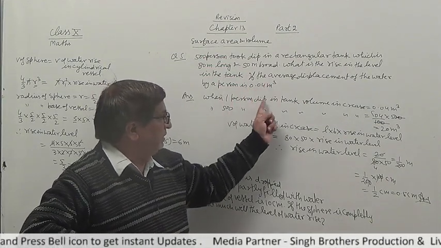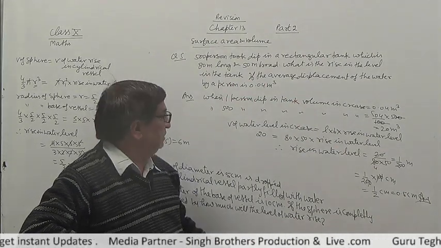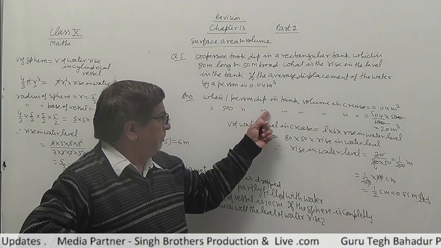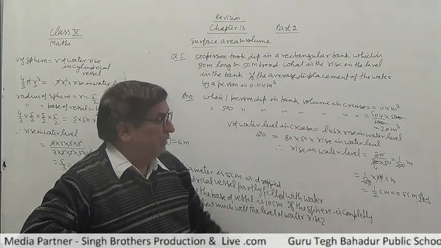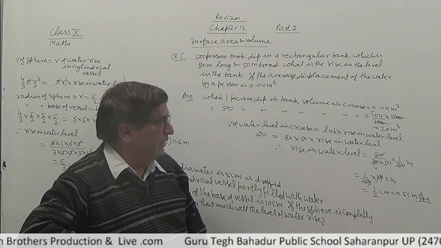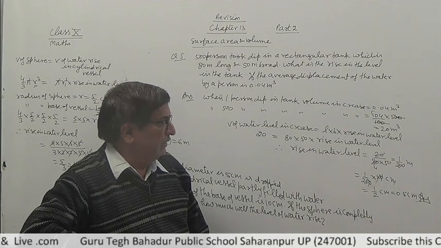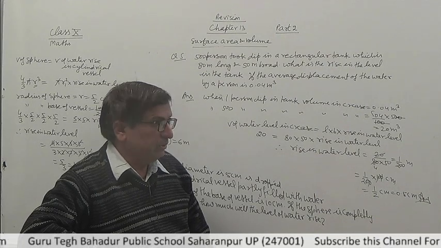So 500 people dip in a tank, volume increase is 0.04 into 500, remove the decimal and put the 100, 100 cancels with 500, that is 5 into 4, that is 20.